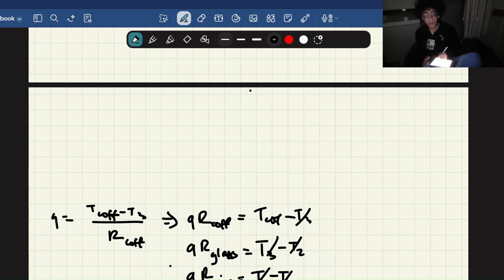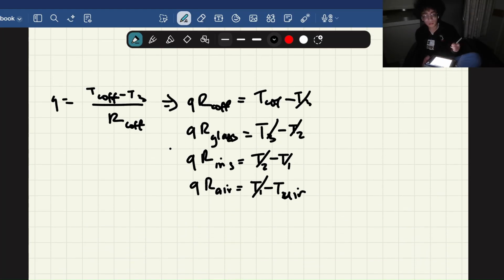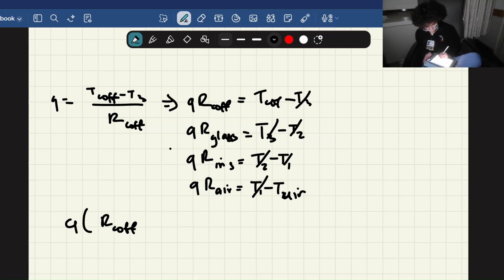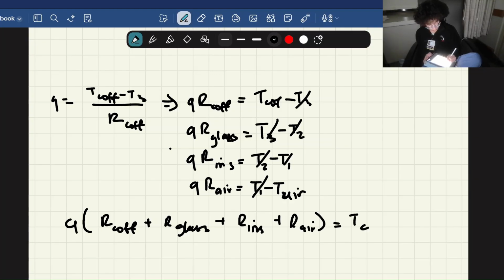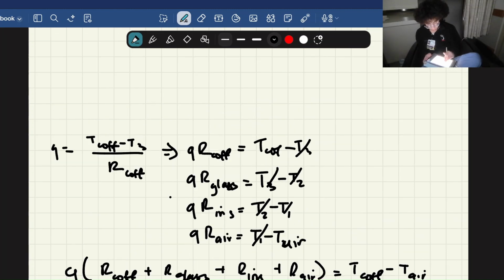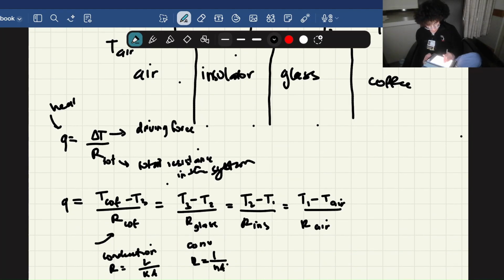So we would have Q times R coffee plus R glass plus R insulator plus R air is equal to T coffee minus T air. And so you see that, like the equation we have above.